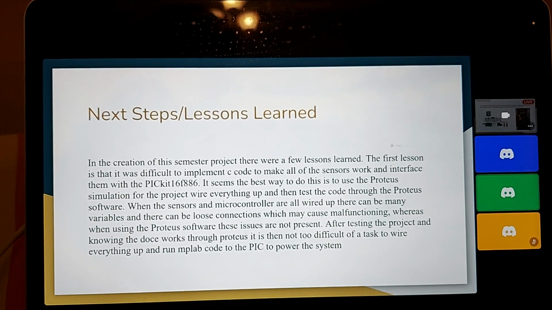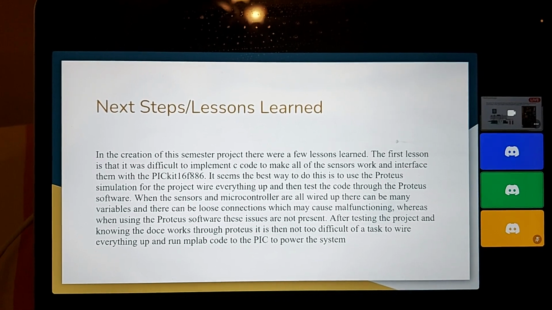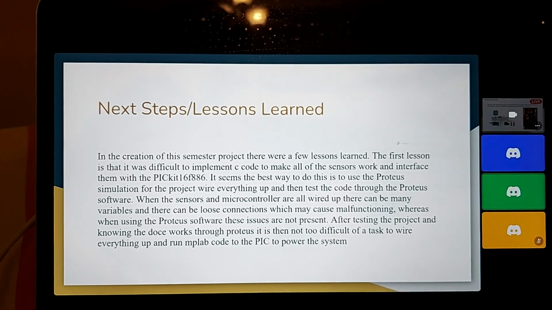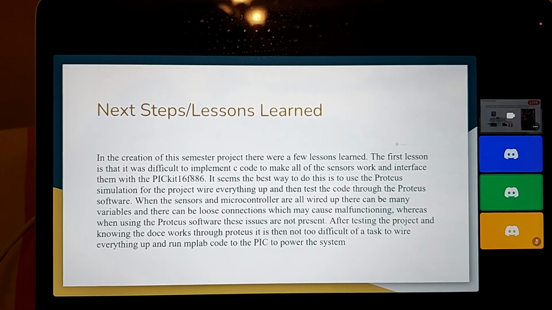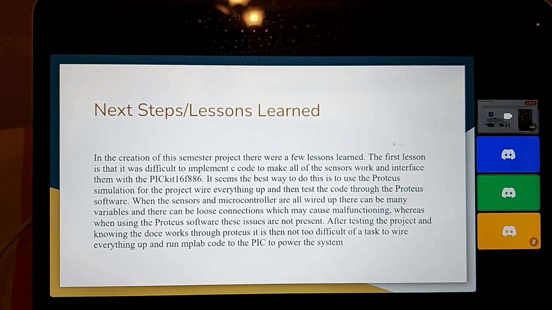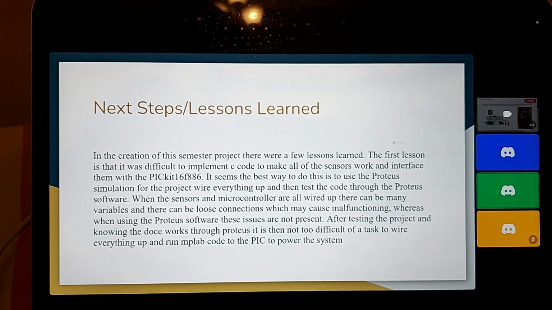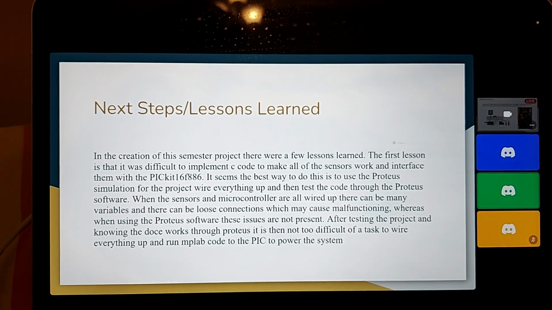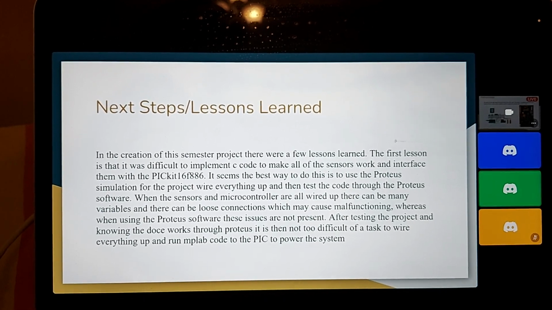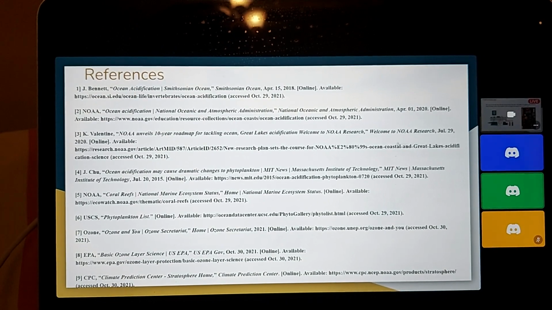We also never used a Proteus simulation software, so that was also another learning curve. And physical construction was another learning curve. I've never had to build an embedded system in person before like that. So, I think that should be it.